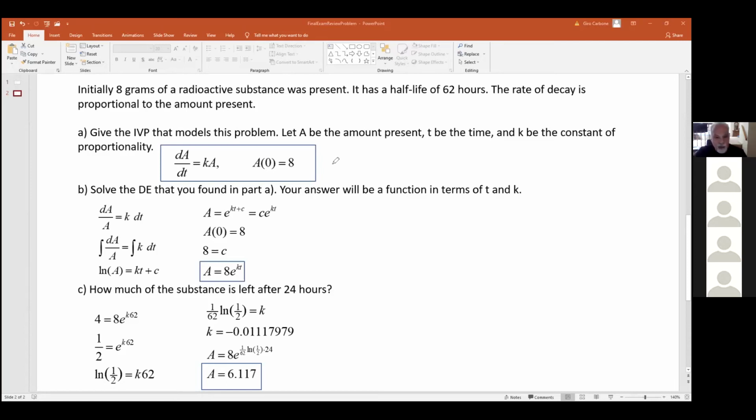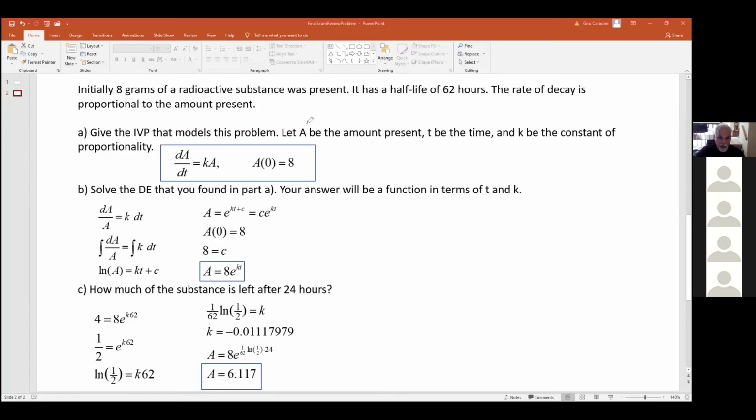Okay, so in part A, it says we have an initial value model. First of all, we have 8 grams of a radioactive decay substance present, and we're told the half-life is 62 hours. And the rate of decay is proportional to the amount present.